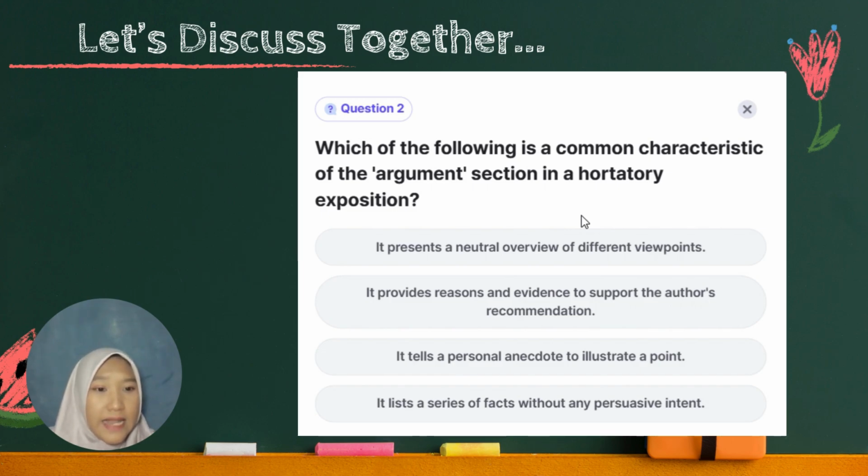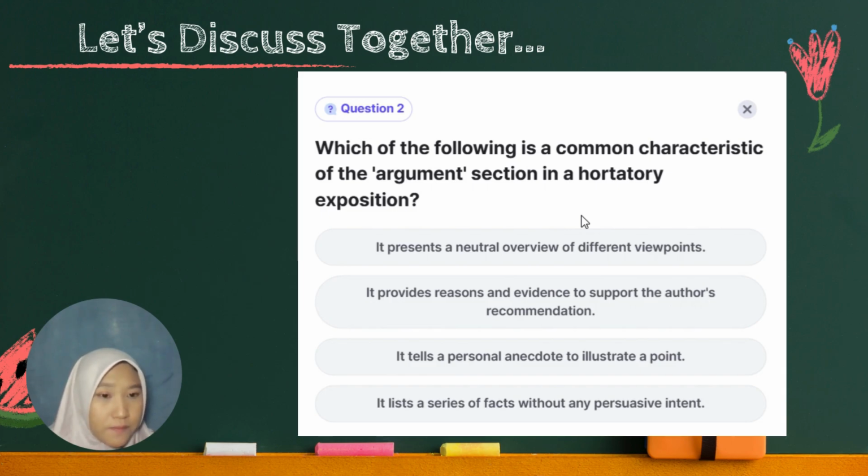And then next, the third option. It tells a personal anecdote to illustrate a point. So, do you know? An anecdote is like a short story or personal story, often about funny or unusual incidents. And usually it also has the purpose to entertain. So option C is also incorrect.